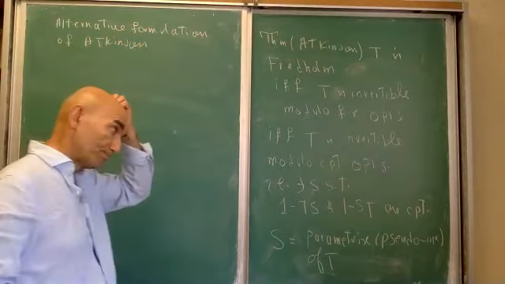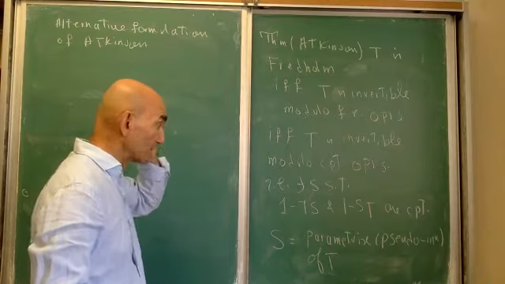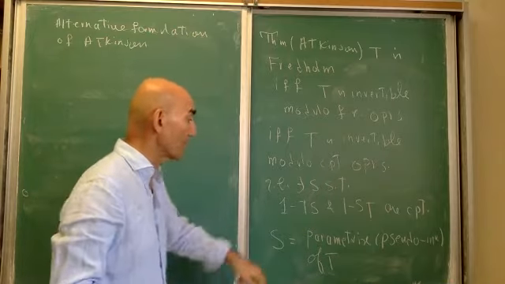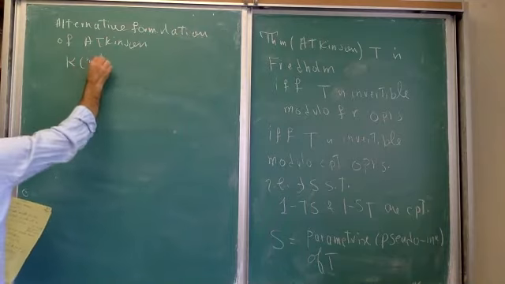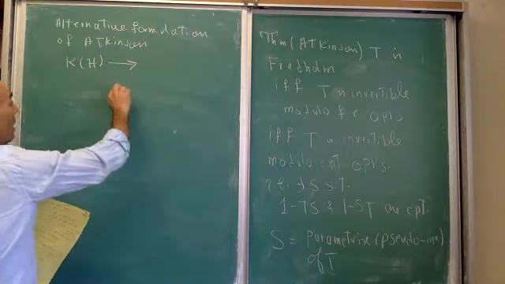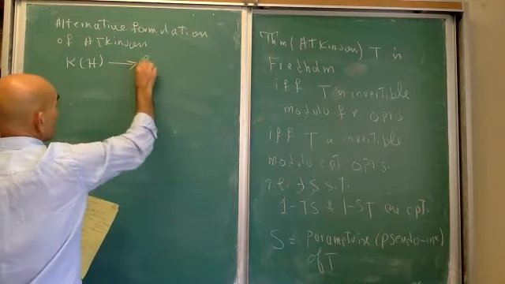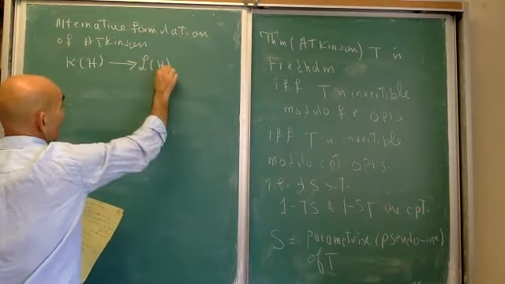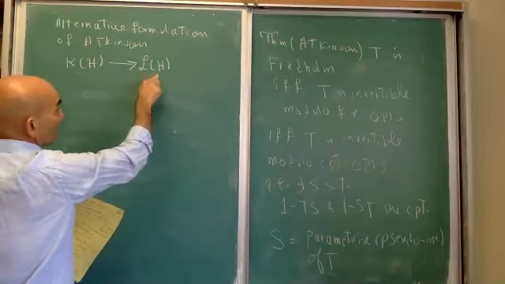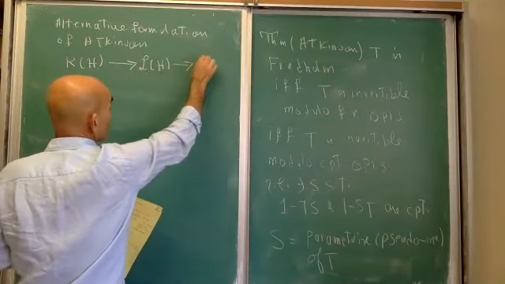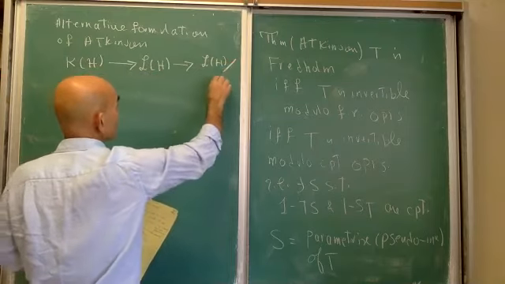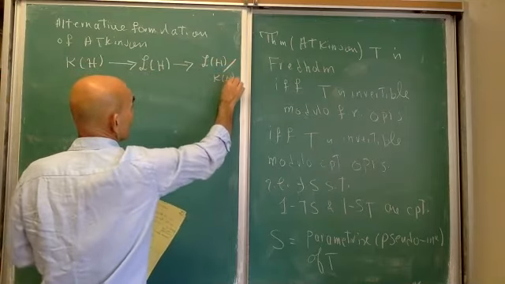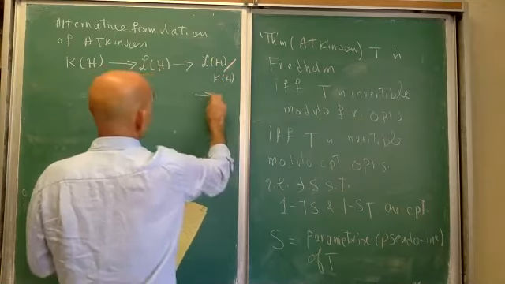So we have this closed two-sided ideal, K of H, inside L of H. So this is a closed two-sided ideal of this algebra. I can go to the quotient algebra, and this goes to 0.